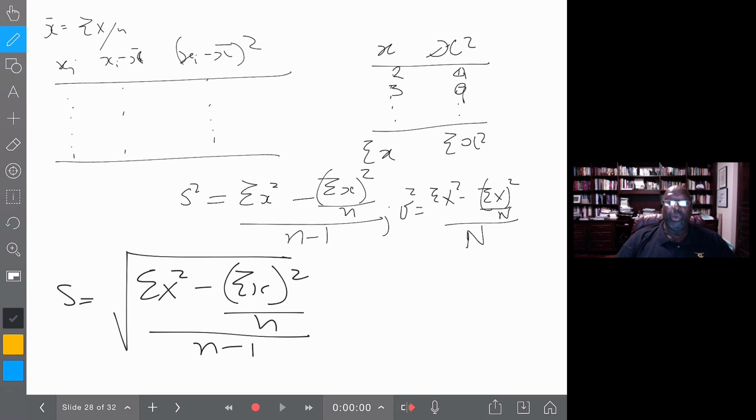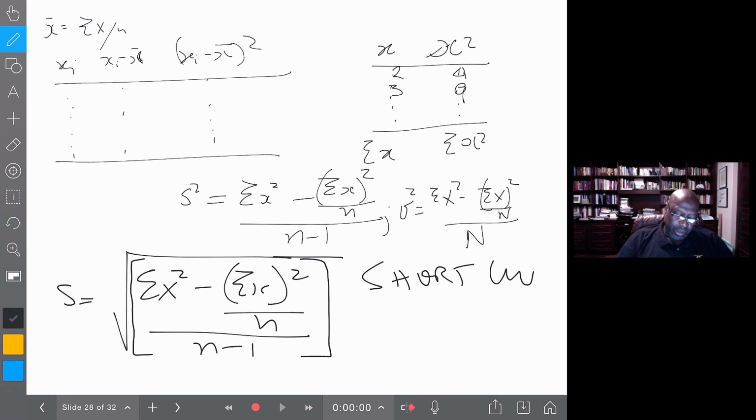Note that n minus 1 is under the bracket, I mean the square root bracket. In other words, we could put big brackets all around this, all right? That is the formula, shortcut formula that we call it. So it's a shortcut formula, and trust me, it does take less time to use this one than the other one. So that's a shortcut formula.